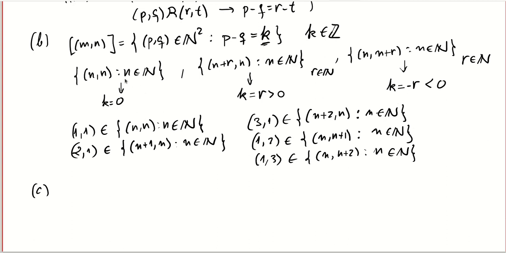Remember, the quotient set N2 over R is the set of equivalence classes. So you have a set containing all these elements, and as you can see here, every one of these classes is associated to just one integer, right?